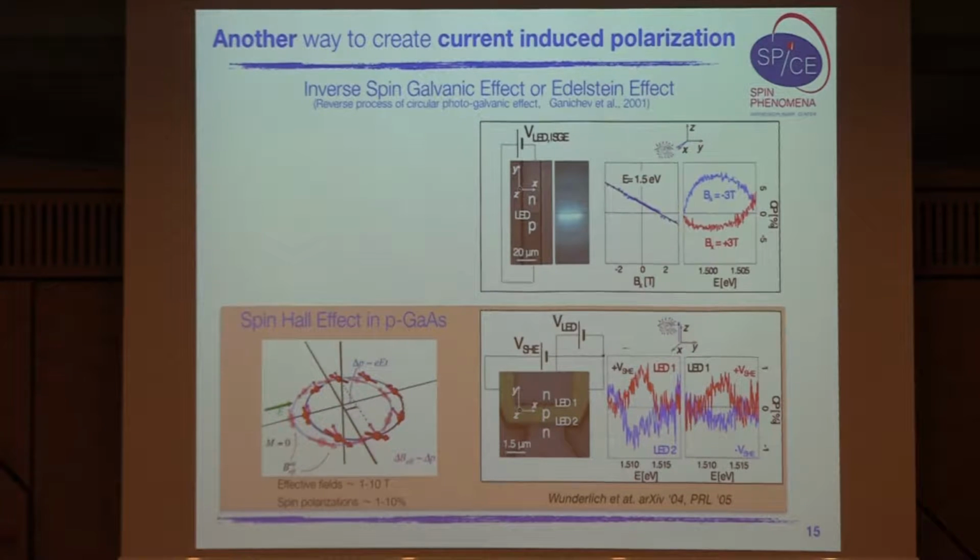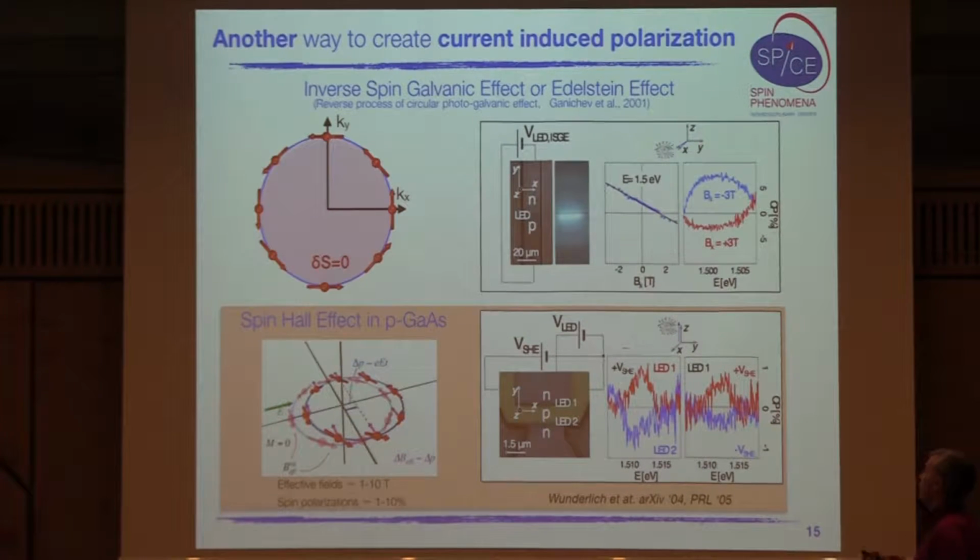But at the same time, in this system, there is another process that generates, in this case, not a spin current with a spin accumulation of opposite signs on the opposite sides, but also a homogeneous polarization in the plane. This is the so-called Edelstein effect in two dimensions, or the inverse spin galvanic effect, and it was observed in both systems at the same time in the same device.